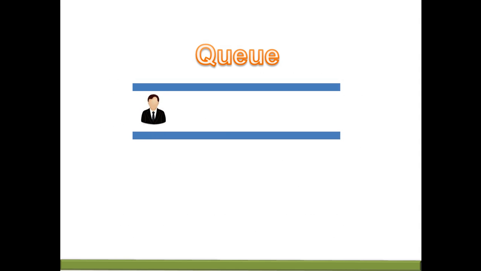FIFO can also be termed as a queue. Here you can see that the subject that entered into the queue first will move out of the queue first.